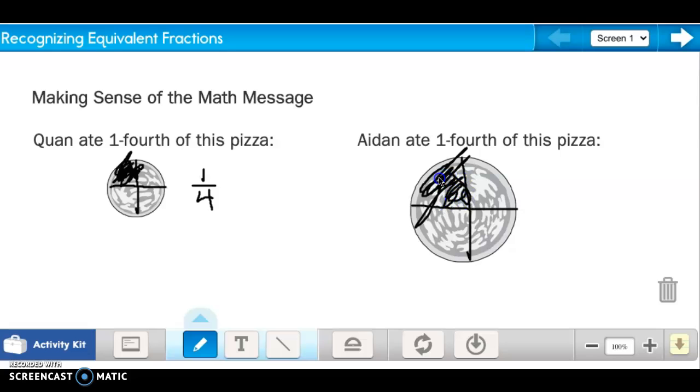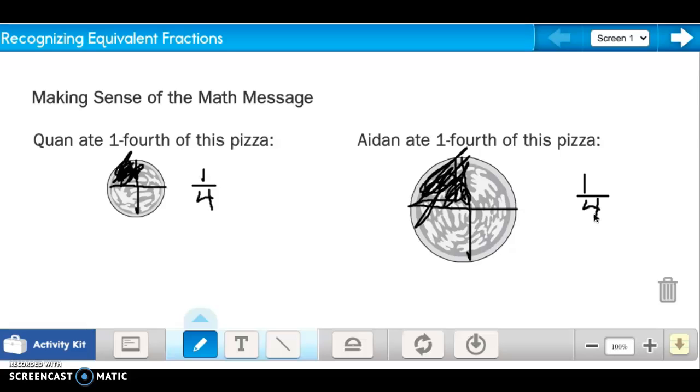I'm going to shade it in. And then that is also 1/4 of this pizza. Now, Quan says that they have both eaten the same amount because they both ate a fourth. Do you agree with Quan or not?